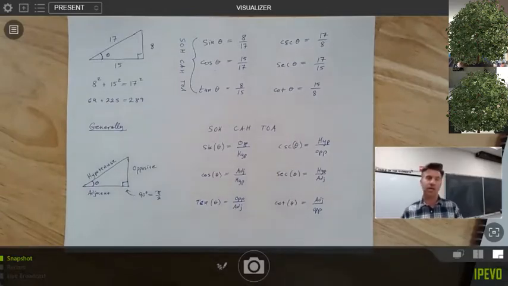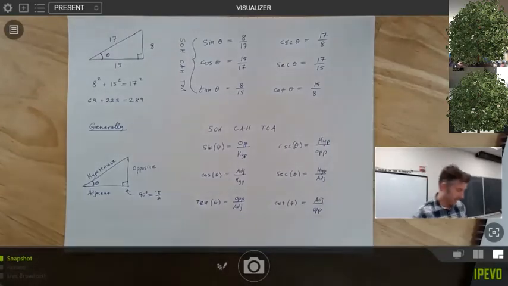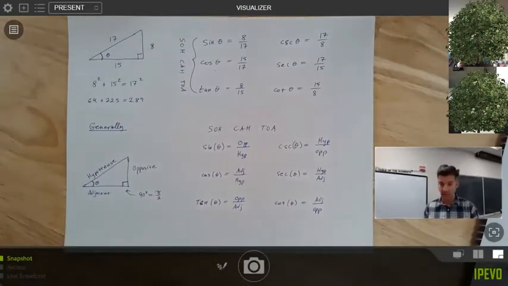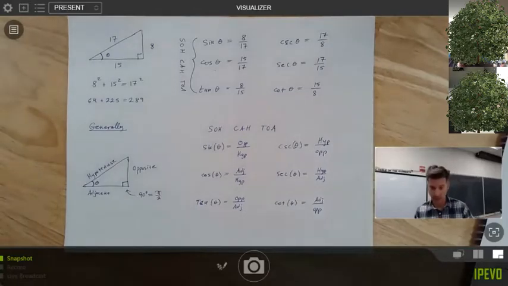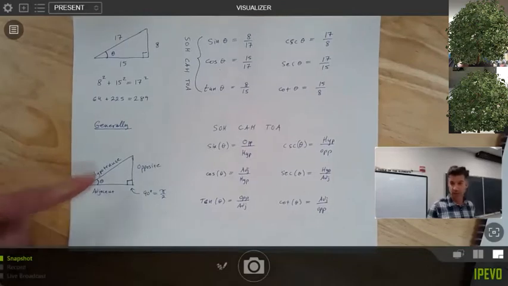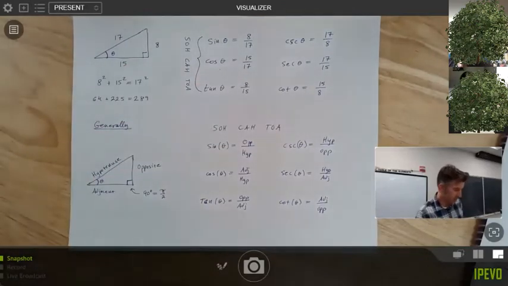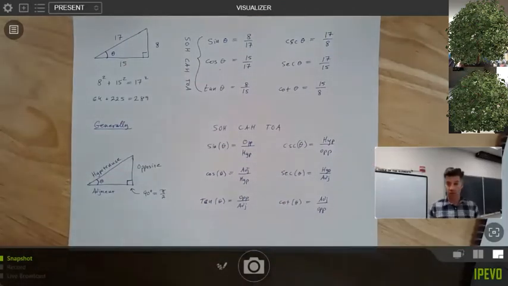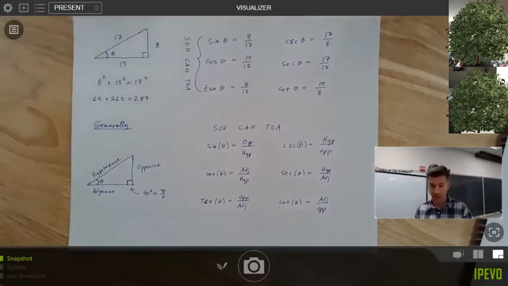So what I should say is we are defining the trig functions. Sine is defined to be, in a right triangle, the value of the opposite side divided by the hypotenuse side. The cosine is defined to be the adjacent side divided by the hypotenuse side, and so on and so on. So these are how the six trigonometric functions are defined for a right triangle.